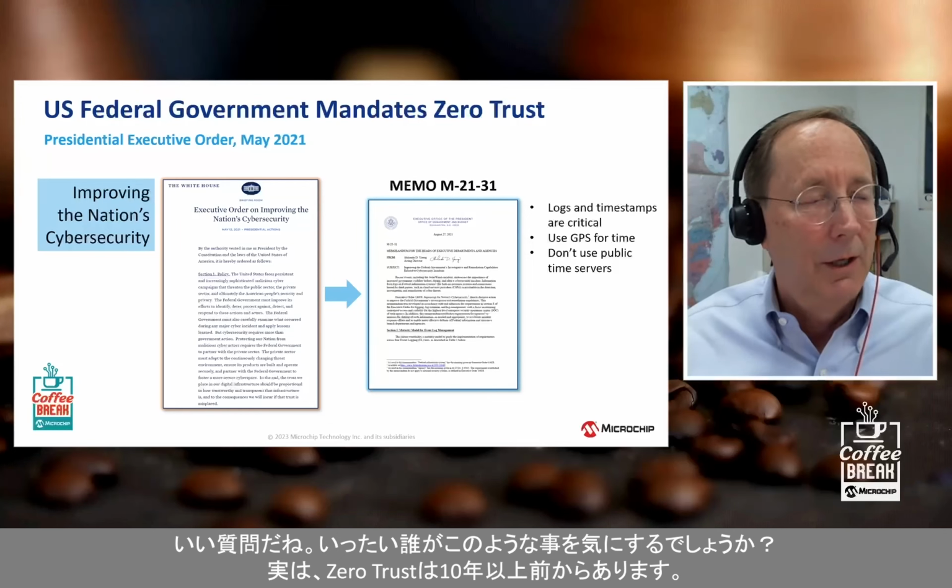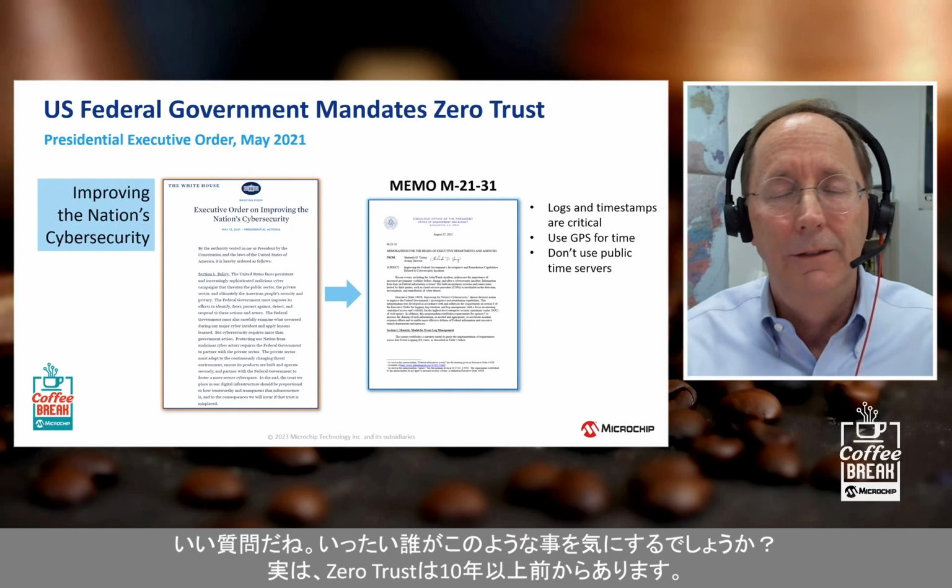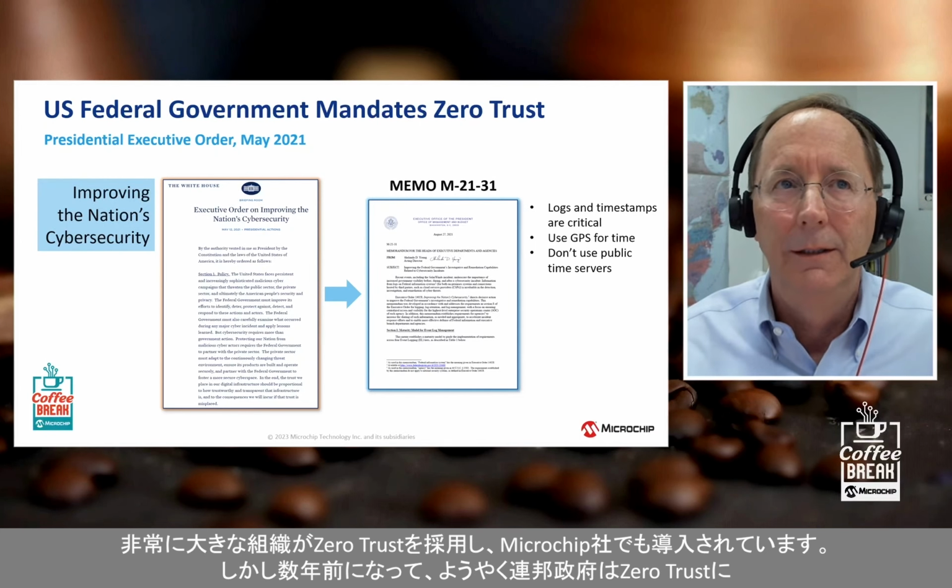Okay. All right. So with these concepts, if we're designing a complex system, why would a system designer need to care about these paradigms and these terms? Yeah, that's a great question. It distills down to, who cares about these sorts of things, right? Well, zero trust has been around for over 10 years. Very large organizations have adopted it and are deploying it.